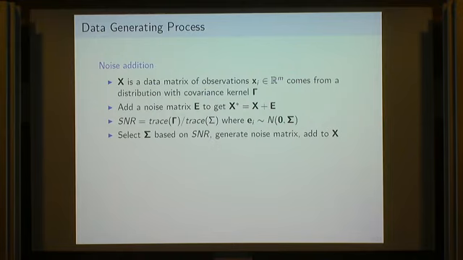So we can select the noise covariance matrix based on some signal to noise ratio. We don't know which signal to noise ratio is perfect for generating a specific synthetic matrix, so we have to assess one by one: signal to noise ratio 1, 2, or 100 or 1,000. We don't know.